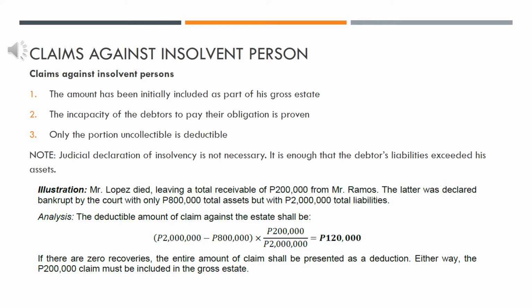So therefore, kailangan muna itong claims natin or receivable from those insolvent persons must be added first in your gross estate, and only the portion which is uncollectible is deductible in your ordinary deductions of that deceased person.